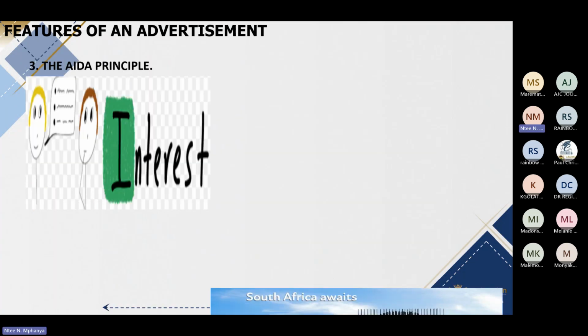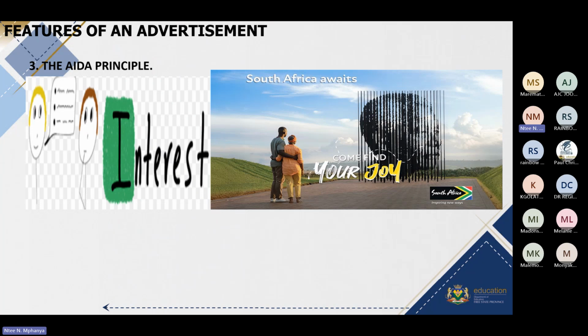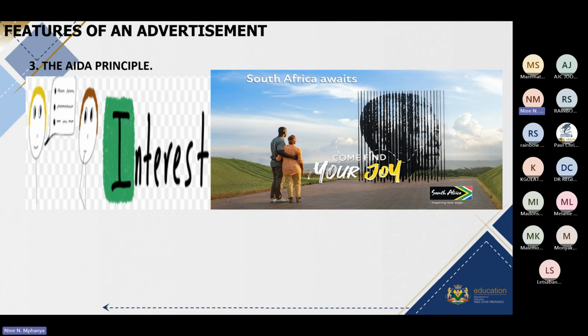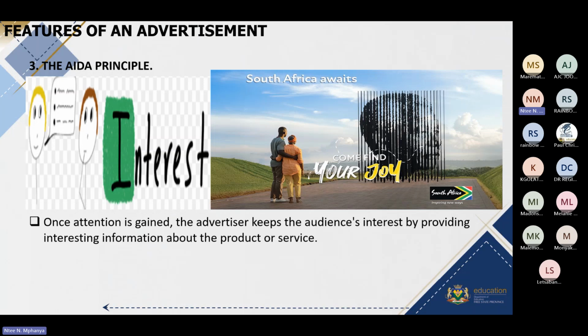Then the advertiser will go on to keep you interested, to sustain your interest. The more your interest is sustained, the more likely you will be interested in the advertisement. Here, Tourism South Africa is used as an example.